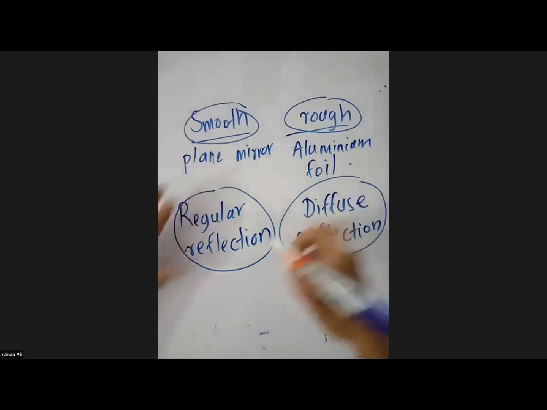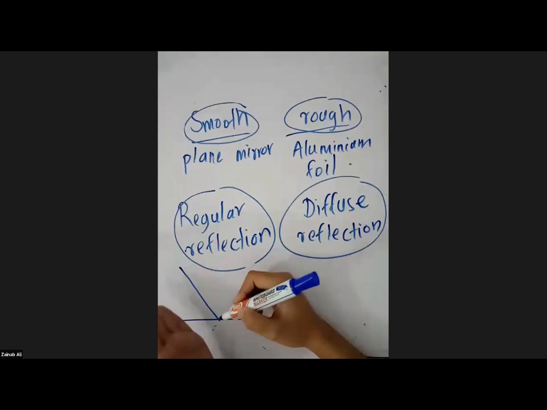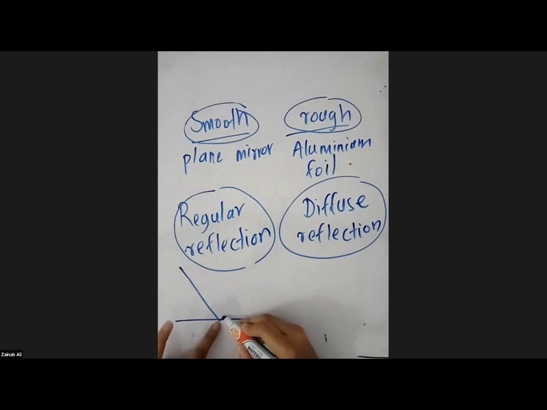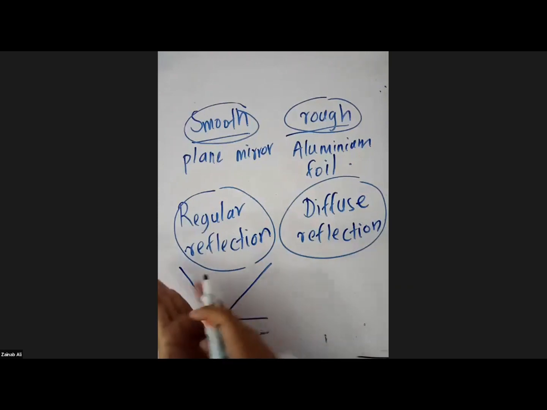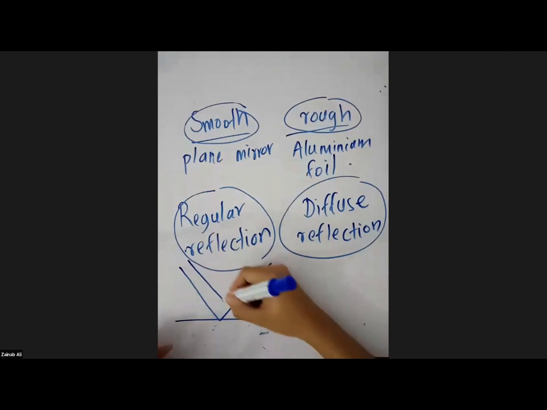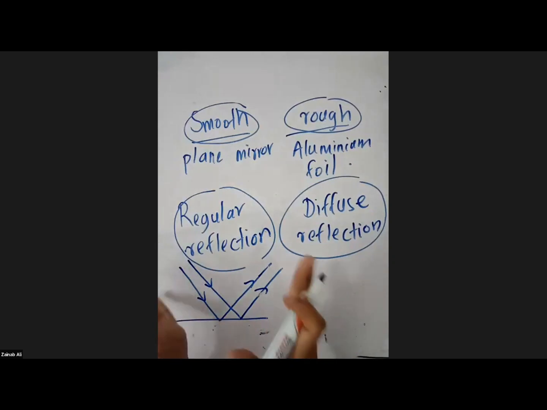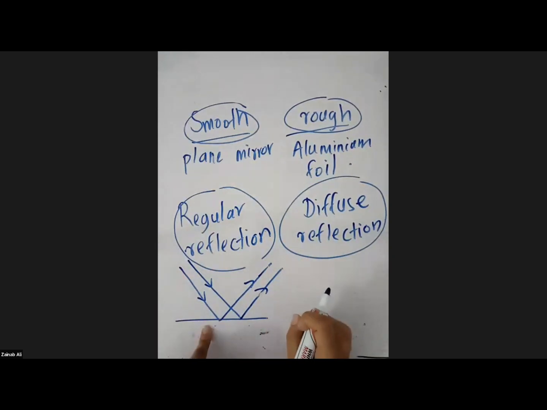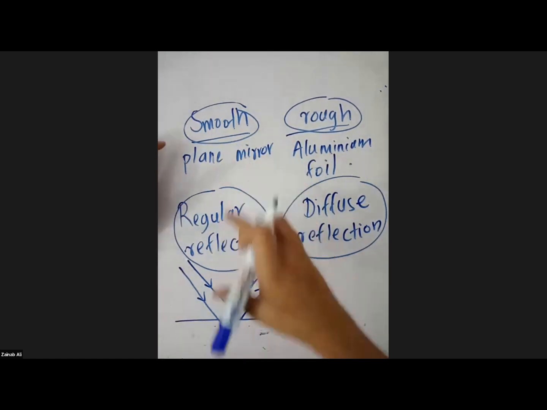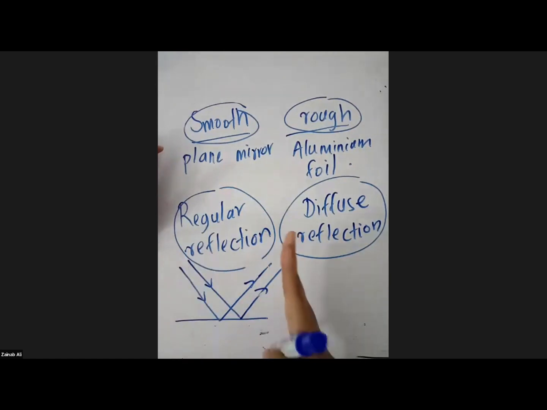So if you see a reflection like this, light rays coming and falling, and the angle of incidence and the angle of reflection are the same like this, it is going to be a regular reflection. In smooth surfaces, when a reflection occurs, the angle of incidence is equal to the angle of reflection.